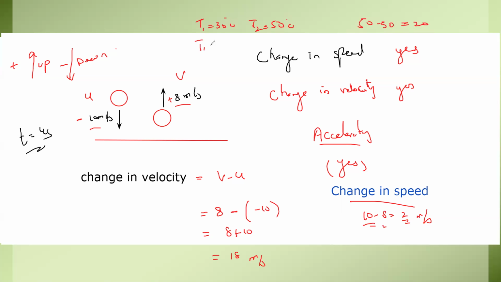If the initial temperature was 100 and the final temperature 20, the change is 100 minus 20, which is 80. So for scalar quantities, we don't bother about which is initial and which is final. We work out greater minus smaller as the difference; positive and negative does not affect it.